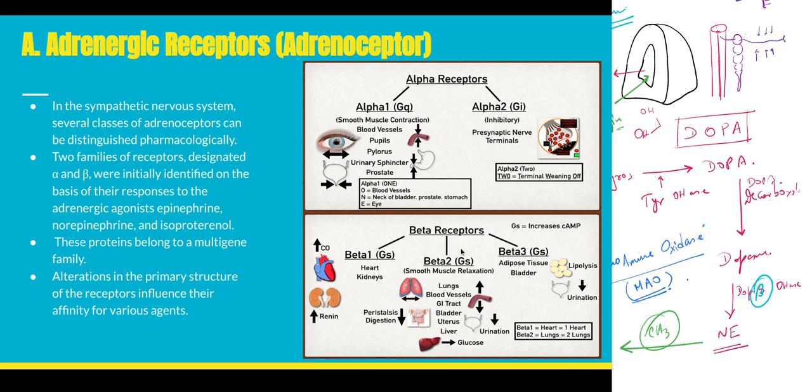N goes with the neck of bladder, neck of prostate, and neck of stomach. That means prostate gland. Neck of bladder means sphincter. And in the stomach, neck of stomach means the pyloric area.